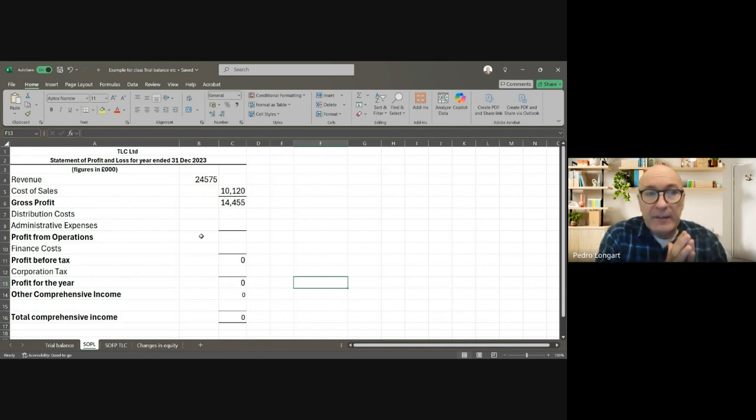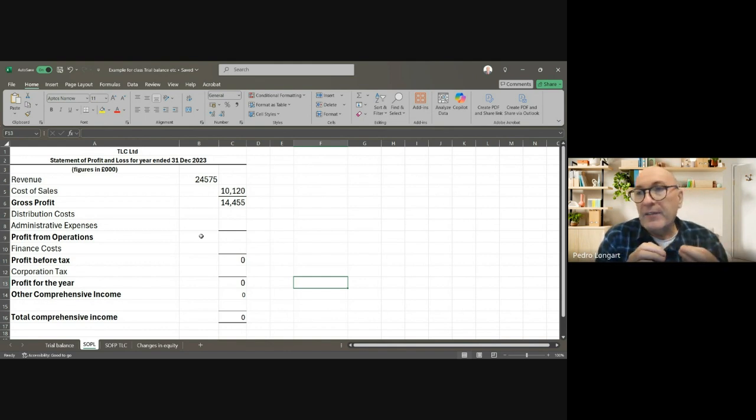Well, it does not matter much, okay? But it will be part of your trial balance that you will see in a moment. One important thing that will be here, and we're not going to put it in, is the depreciation. The depreciation for this year, depreciation of your assets, could be part of distribution cost. If, for example, it is a truck, you may have the depreciation inside the distribution cost.